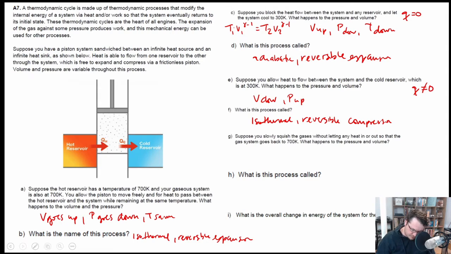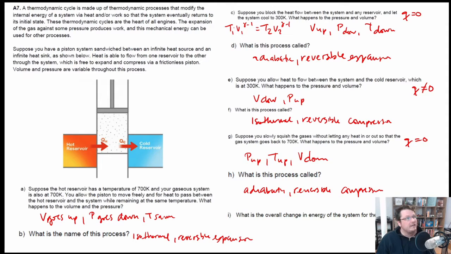Now what we're going to be doing is an adiabatic reversible compression, because now Q is going to be equal to 0, since we're completely isolating the system. And so now the pressure goes up, the temperature goes up, and the volume continues to go down. So we have this process right here.